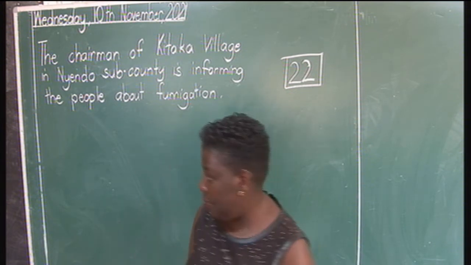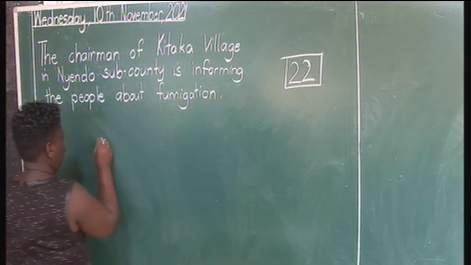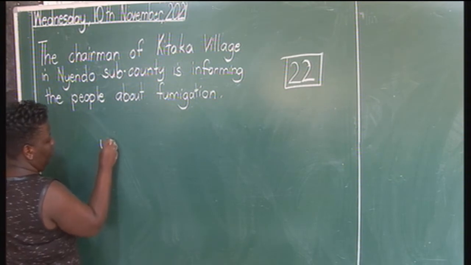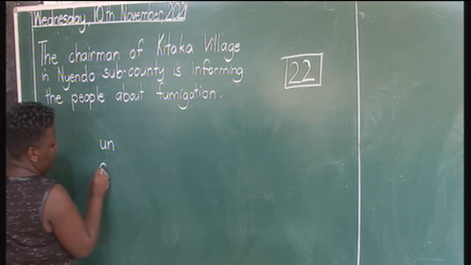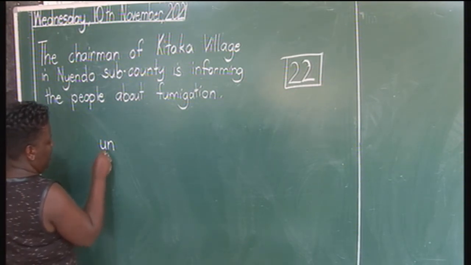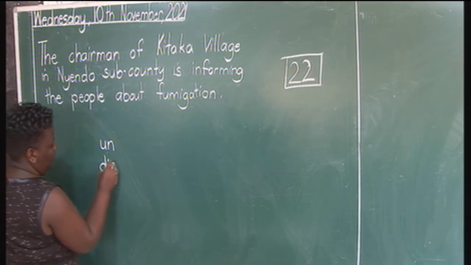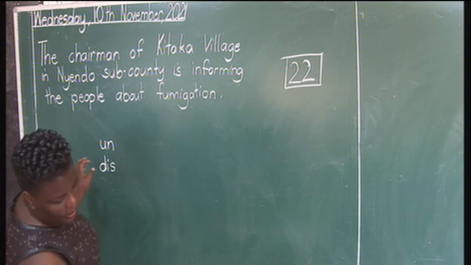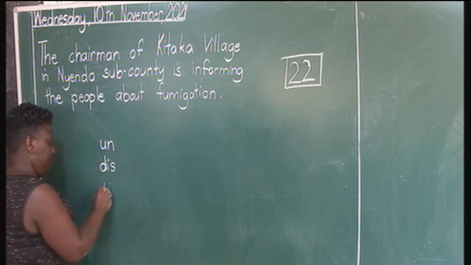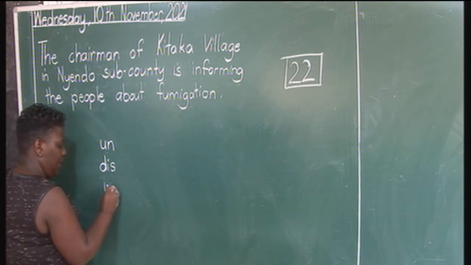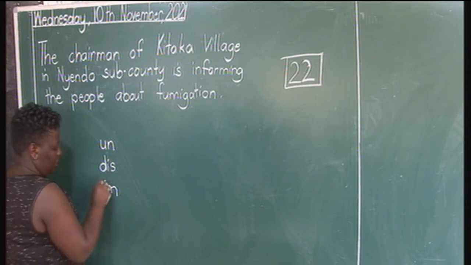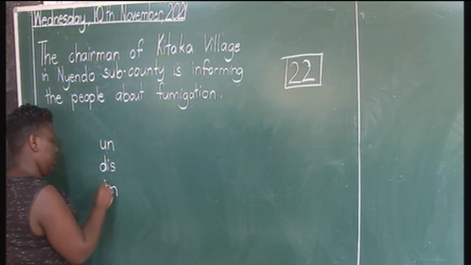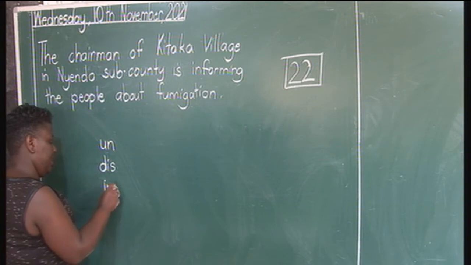Now we have examples of prefixes like an, un. We have dis. We have im. So some words change by adding these.